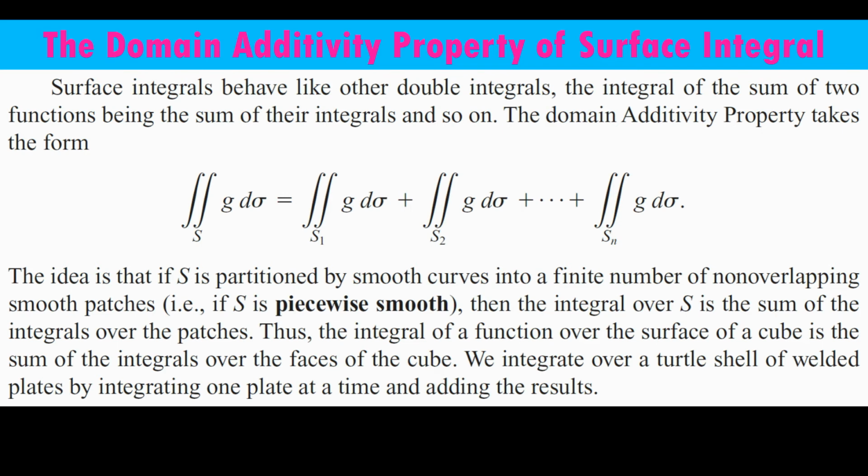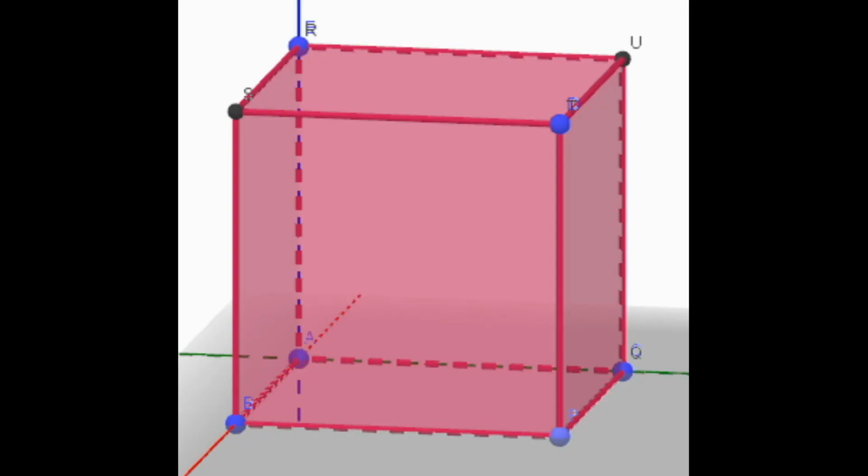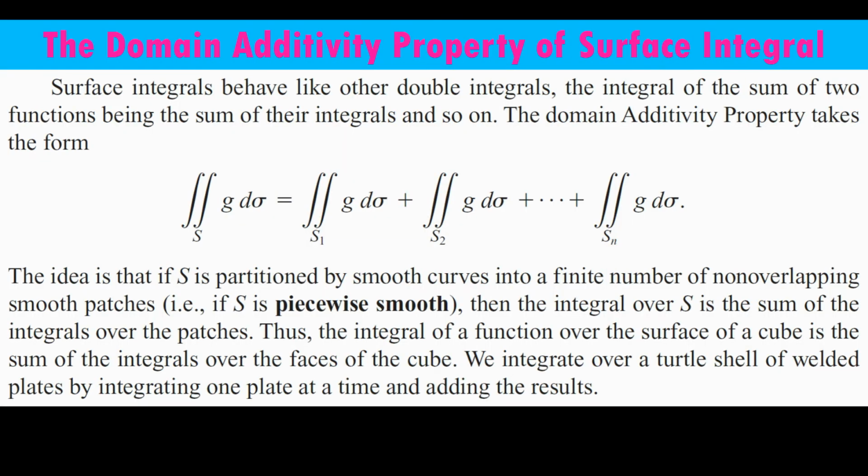On computing the surface integral over the cube having side 1, we considered 6 faces, considered the shadow of the faces on the respective coordinate planes, evaluated the surface integral on the faces, and added the surface integrals along those 6 faces to get the value 3 by 4 there. We have used the domain additivity property of surface integrals there.